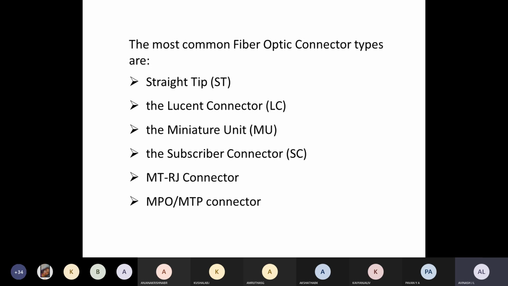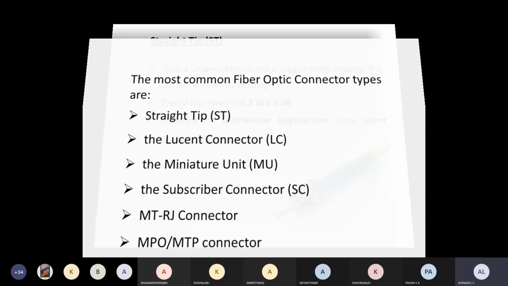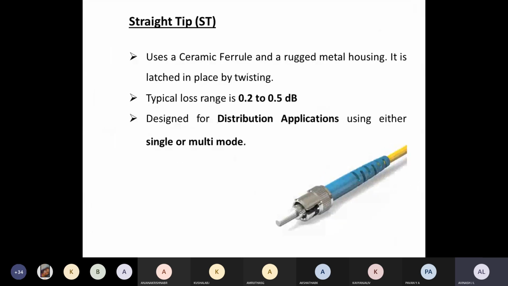Okay, so once you have taken this one, we'll move on to the next thing. So what do you mean by straight tip connector? It uses a ceramic ferrule and a rugged metal housing. So it is latched in place by twisting.